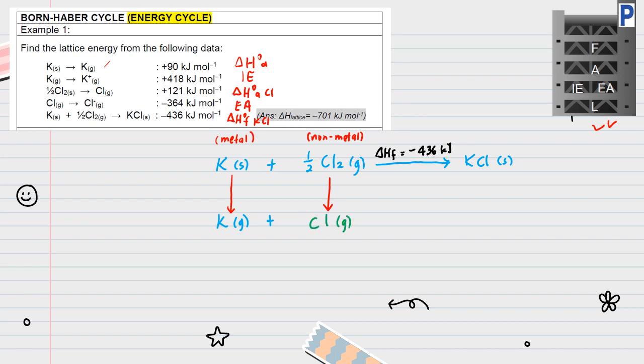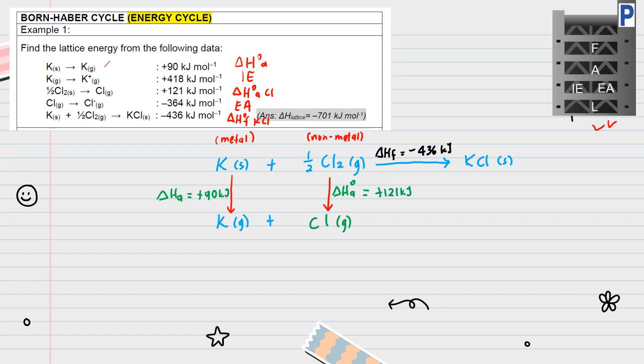So yang ini pun enthalpy atomization of Cl equal to positif 121 kJ. And then this one enthalpy atomization of K equal to positif 90 kJ.